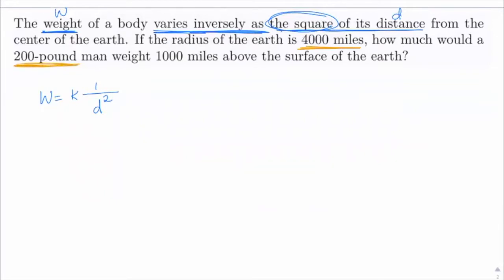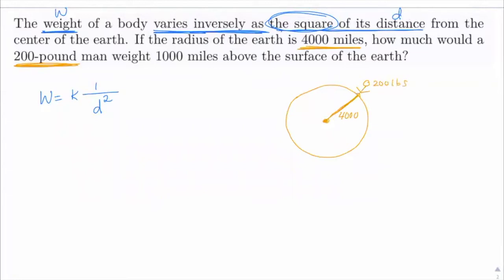So if I draw myself a little picture here, here's the earth, here's the center of the earth. The radius is the distance from the center to the outer edge of the earth. We're given that that's 4,000 miles. And if my man is standing on the earth, then he weighs 200 pounds.